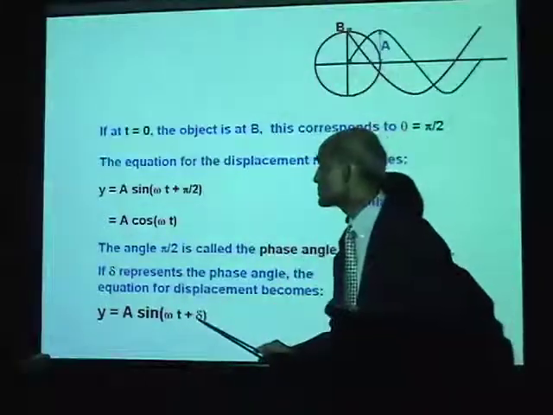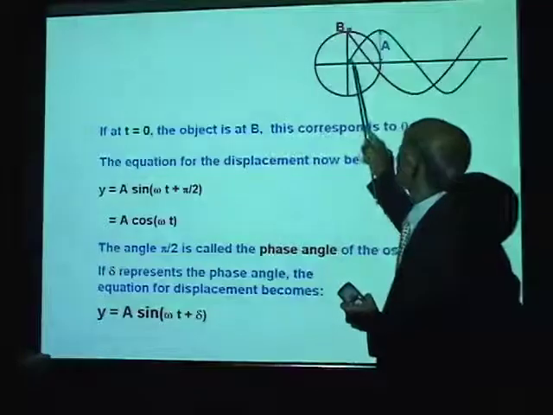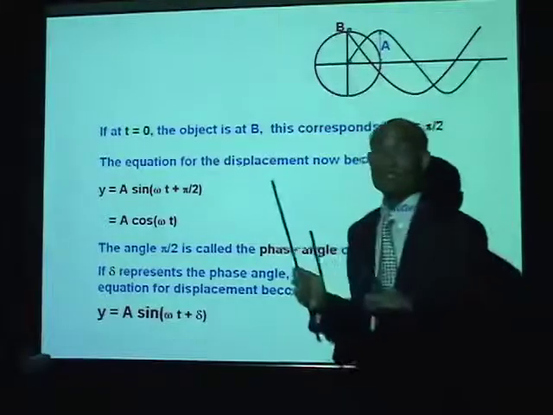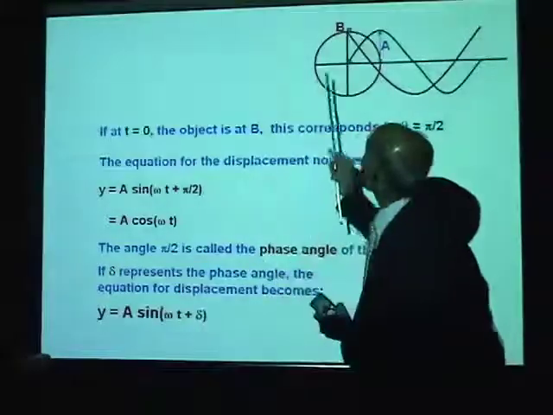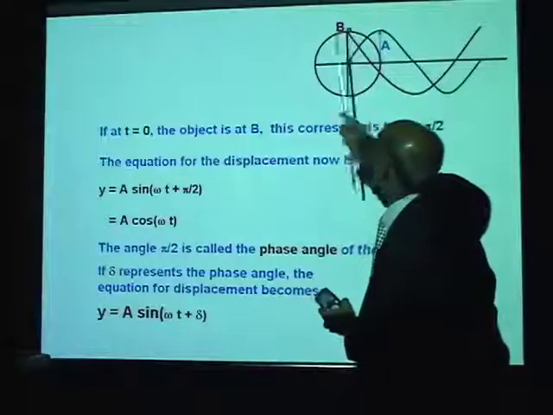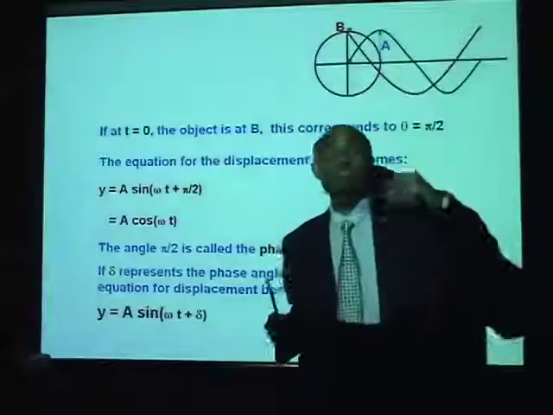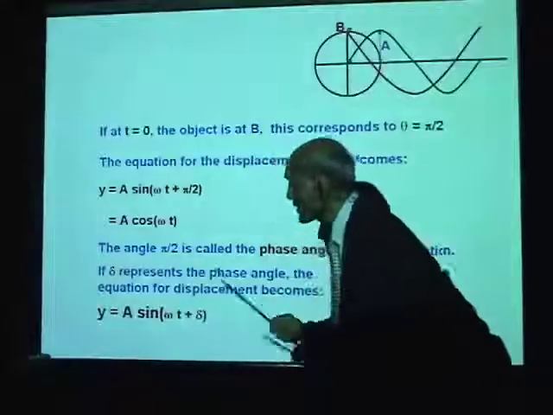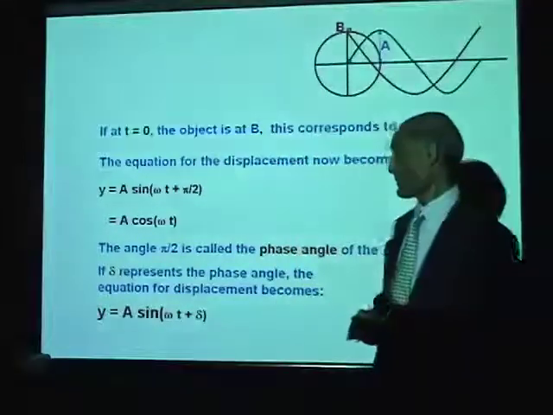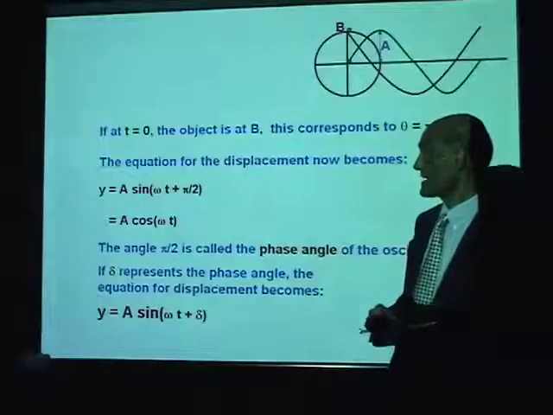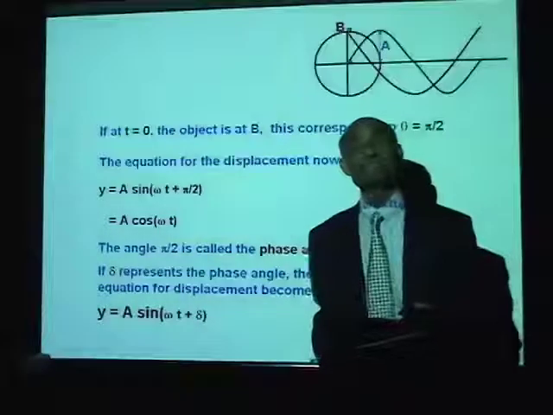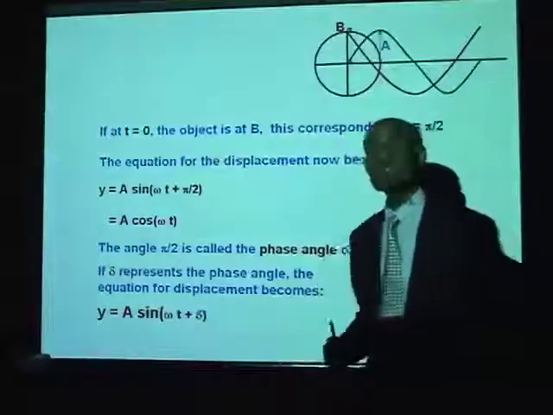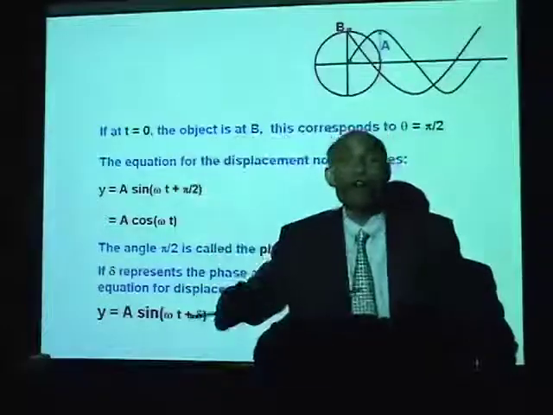When delta equal to 0, we started the clock when the object is at the origin. If the value of delta is pi/2, then the object is at B when you start, and so on. So, this is the general equation. I want you to remember that. Y equal to a sine omega t plus delta is the equation for the displacement of an oscillation.